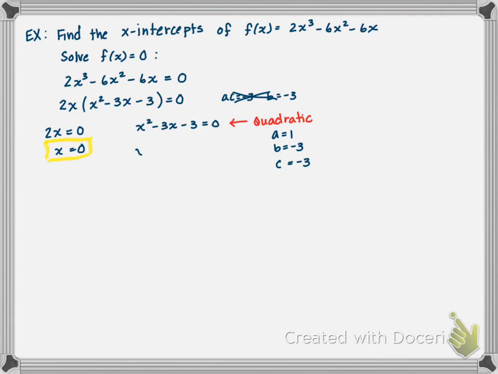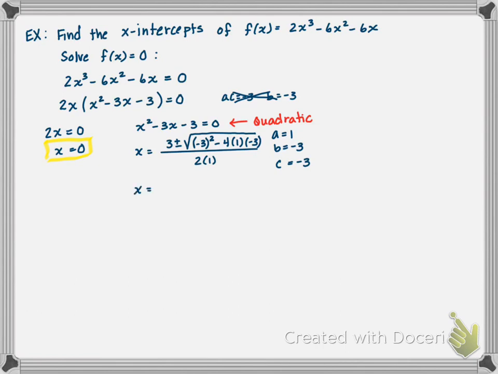So we have x equals, the opposite of B is going to be a positive 3 here, plus or minus the square root of negative 3 squared minus 4 times 1 times negative 3, over 2 times 1.